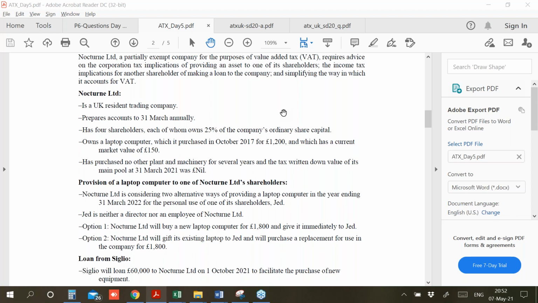Option 1: Nocturne Limited will buy a new laptop for 1800 and give it immediately to Jed. I'll stop here and analyze this option.